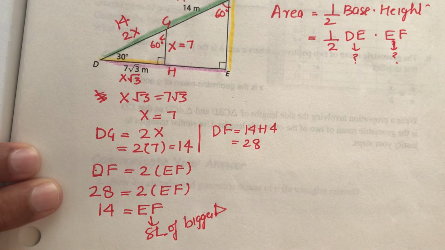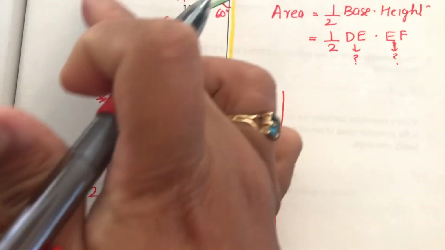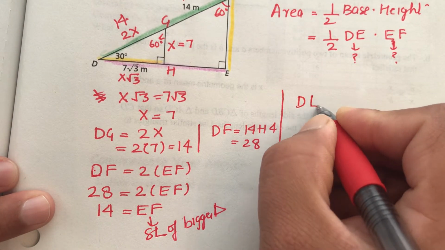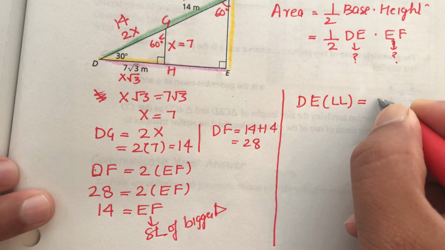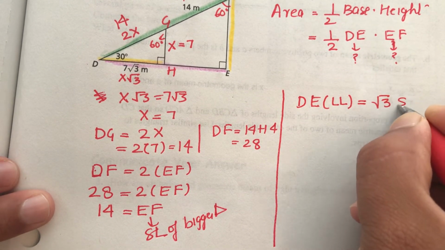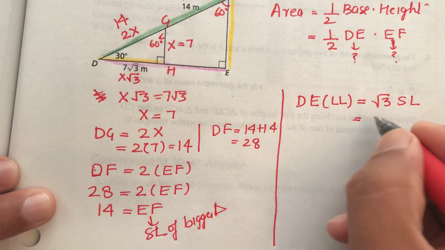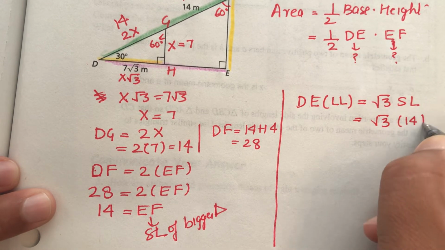We needed EF and we need DE. How can I find DE? Again, if I assume this bigger triangle, DE is the longer leg. And longer leg is root 3 times the shorter leg. The shorter leg is 14, so root 3 times 14, that is 14 root 3.